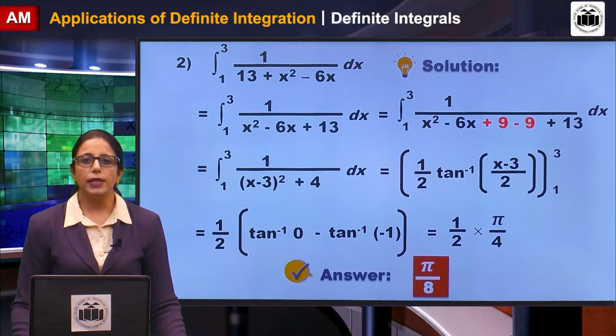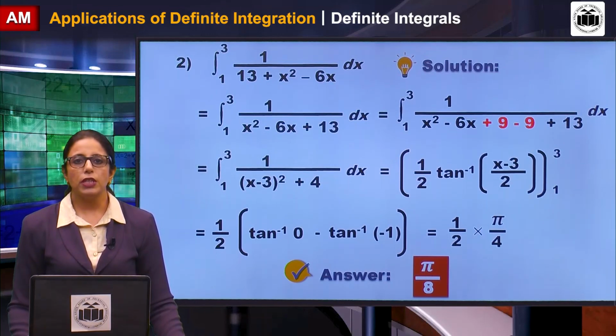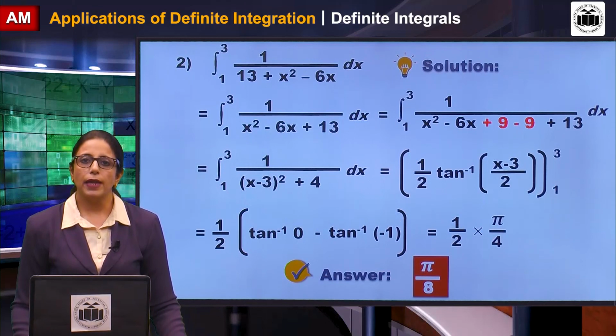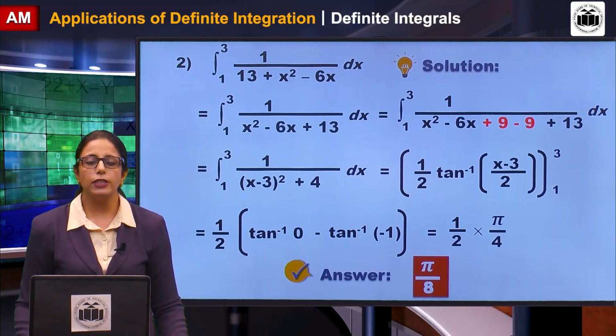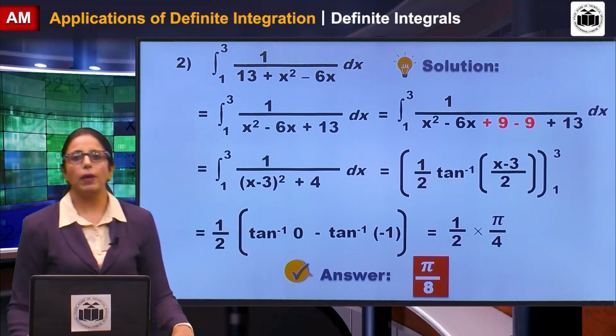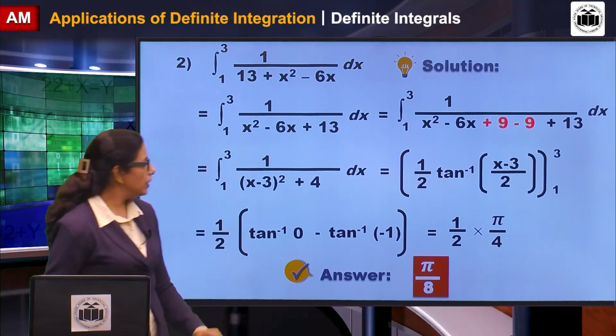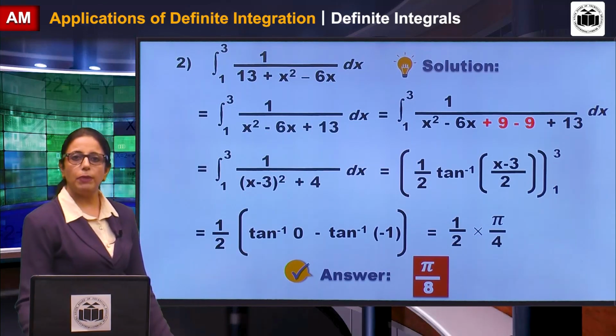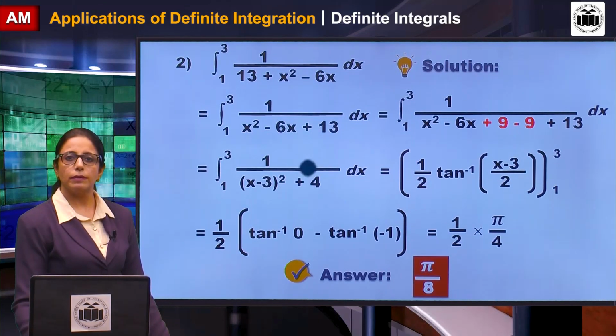So you are going to integrate it in the form 1 by x squared plus a squared dx, which is 1 by a tan inverse x by a plus c. Again, the formula has to be learned, remembered and memorized so that you will be able to apply it. That is what we are doing here also. And then we come to an answer after the application of the limits.